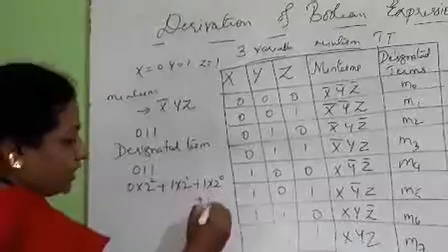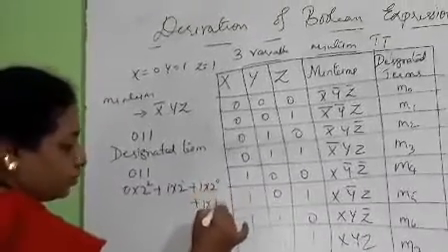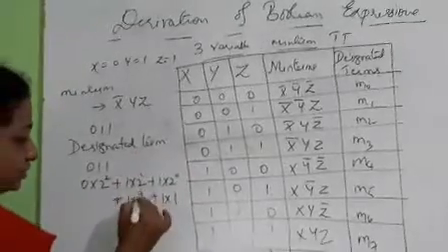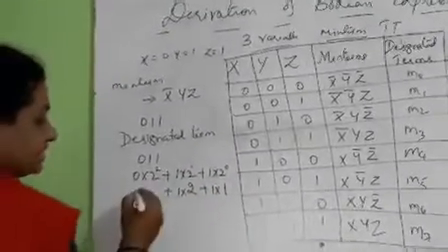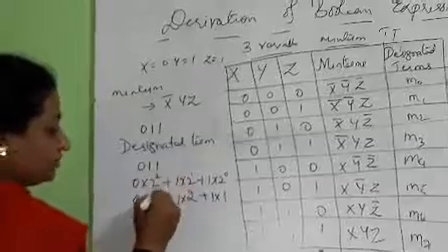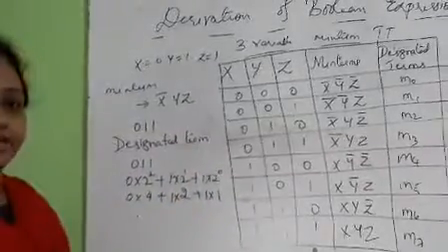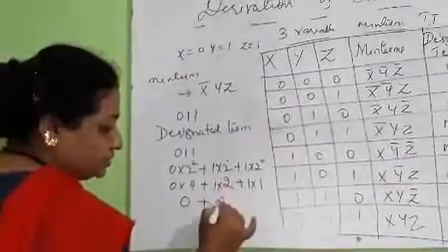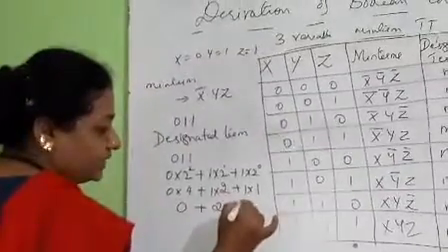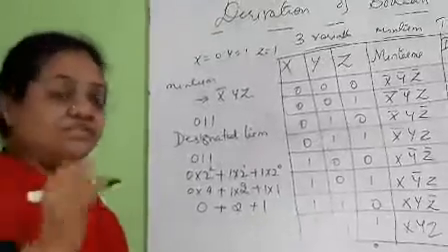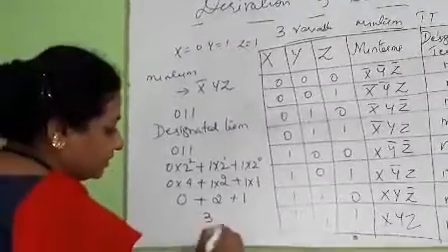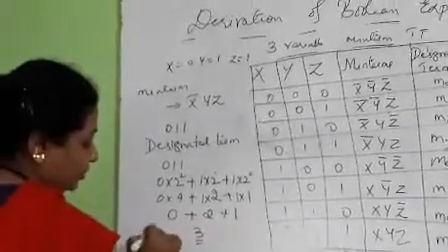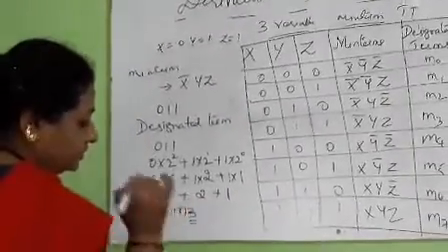So 1 into 2 to the power of 0 is 1, plus 1 into 2 to the power of 1 is 2, and then 0 into 2 to the power of 2 is 4. Anything multiplied by 0 is 0, plus 2 into 1 is 2, plus 1 into 1 is 1. 2 plus 1 is 3. So the designated term for 0, 1, 1 is equal to M3.